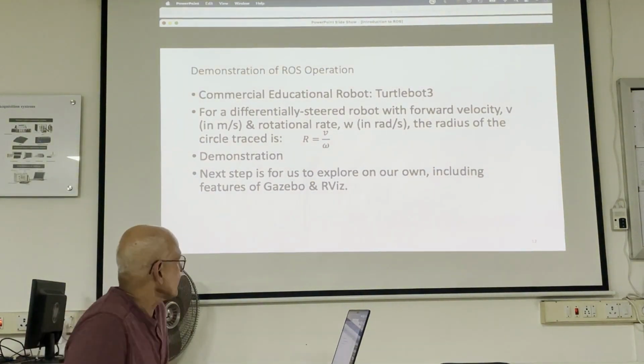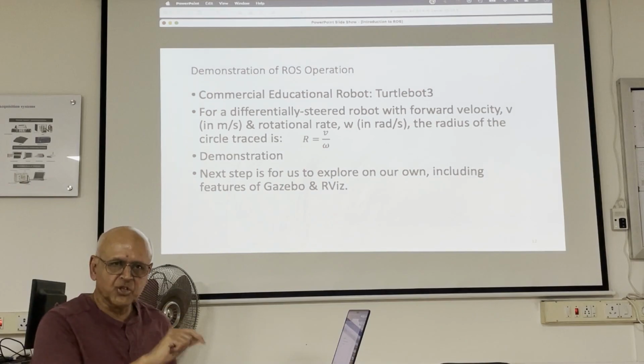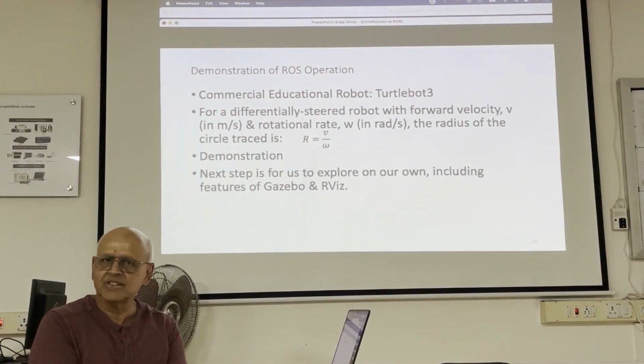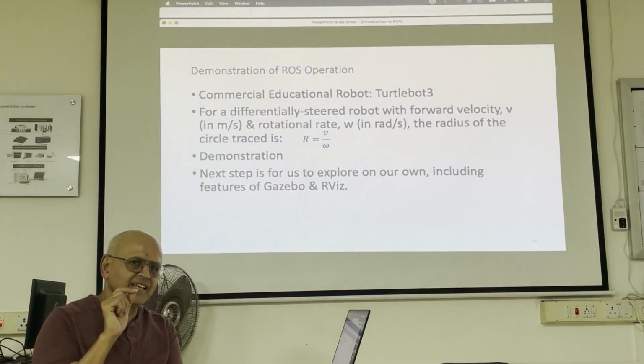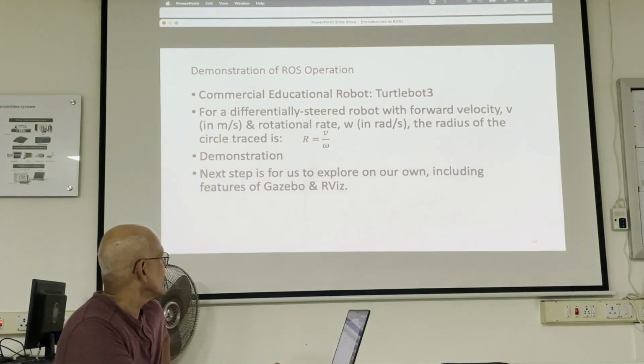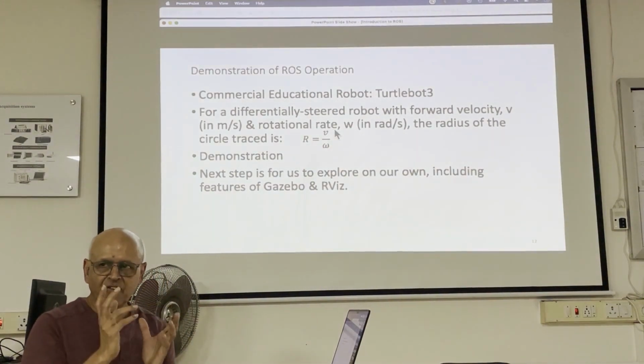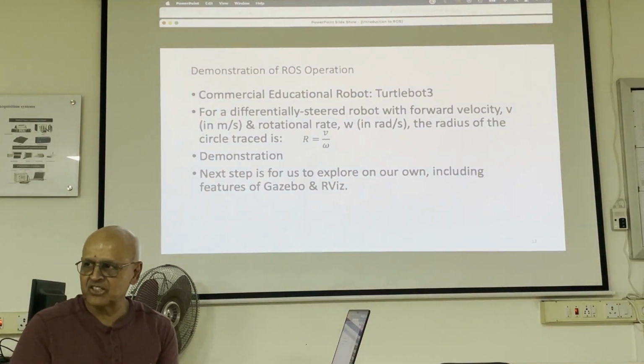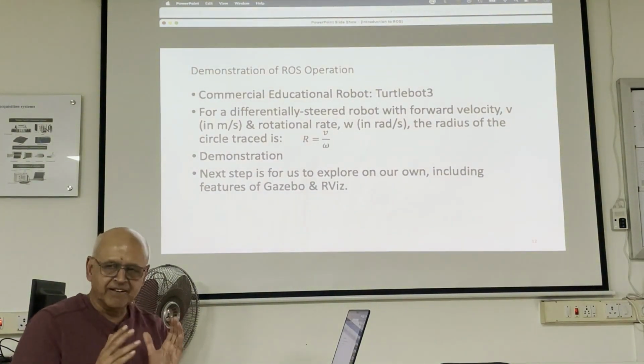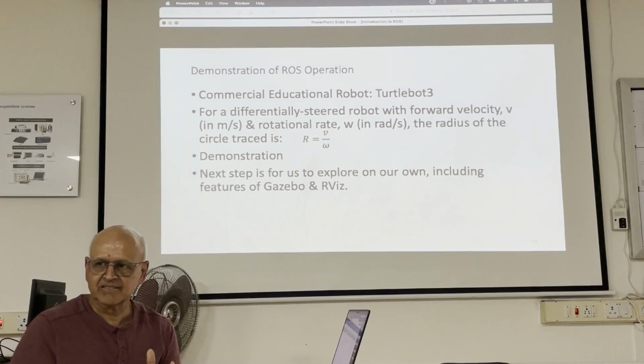Now, the theory will show in a day or two that if you keep the forward velocity, V, constant, and the turn rate, so the forward velocity is in meters per second, everybody understands that. The turn rate is radians per second. So these are the 2 control inputs for the robot, V and omega.